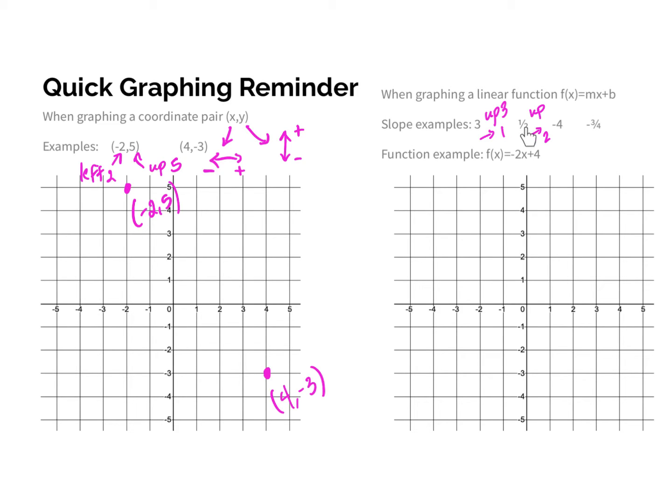Slope of -4 would be down 4 and right 1. Anytime you've got a whole number, you're always going to go right 1. And then -3/4 is going to tell you to go down 3 and right 4.